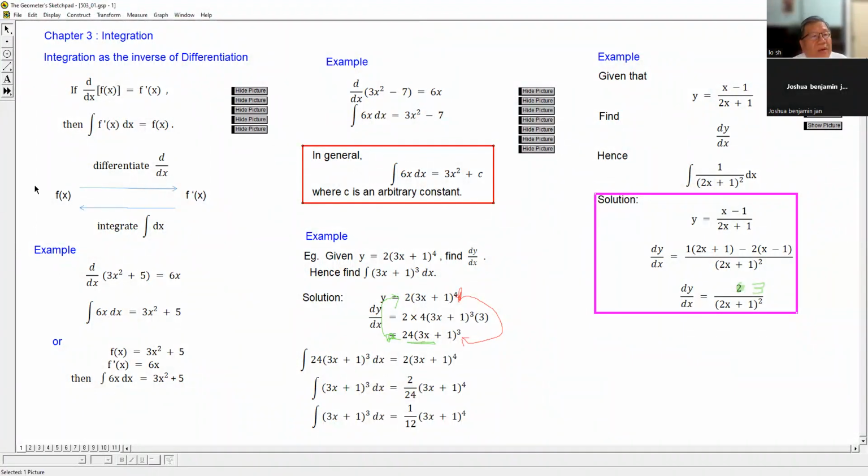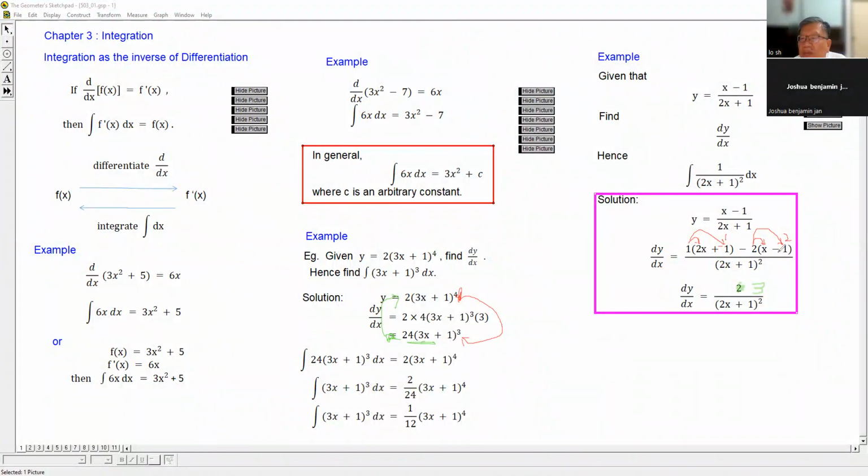Now you multiply out. This one multiplied by this is 1. This is 2x. And this one multiply here, 2x. This one multiply here, positive 2.